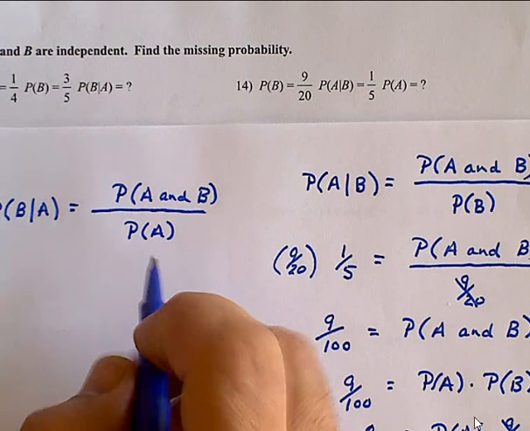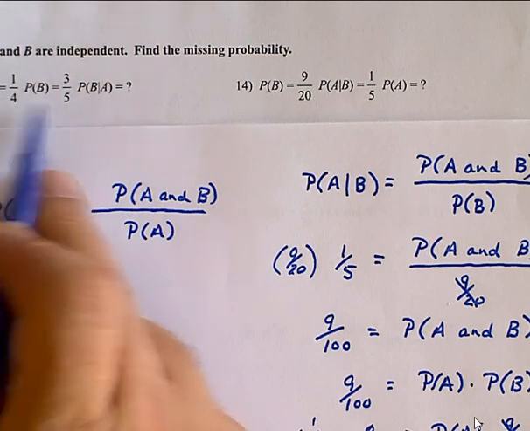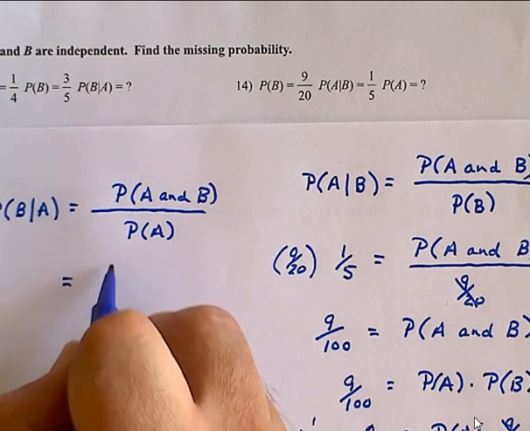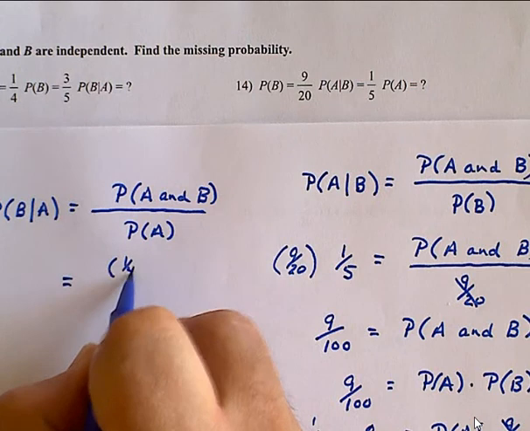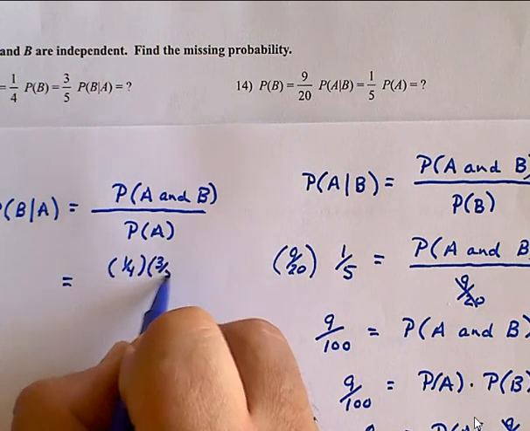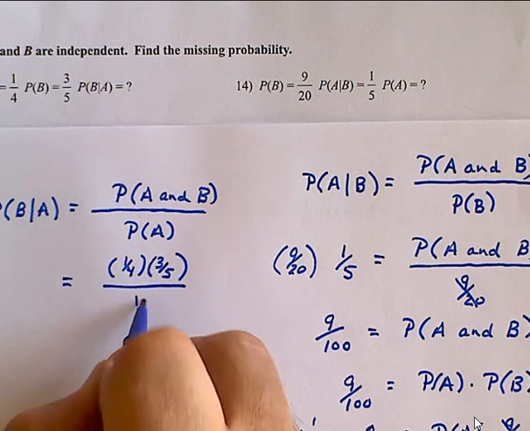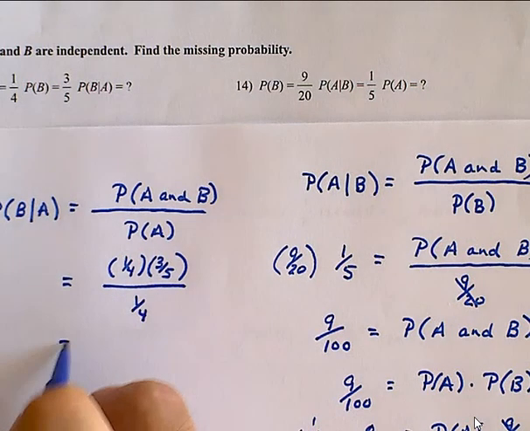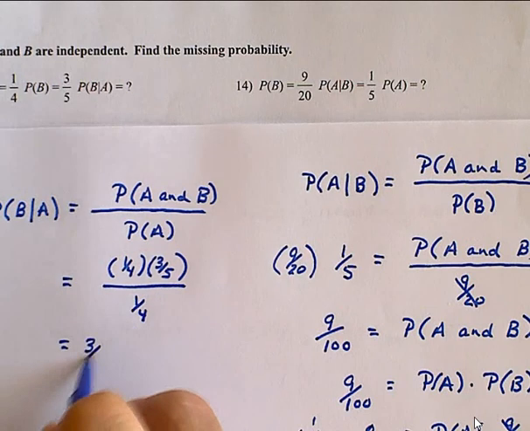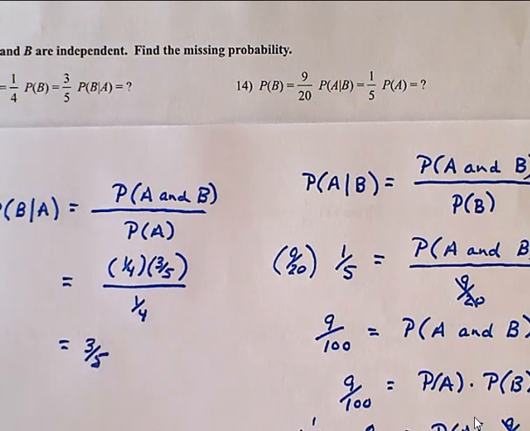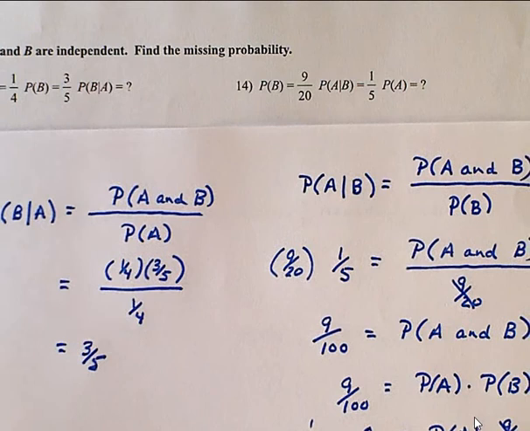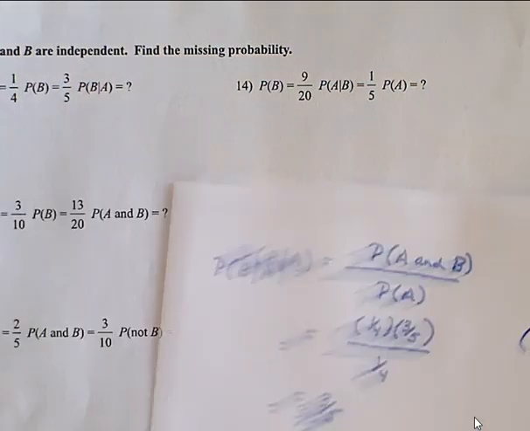So multiplying the two probabilities together, you get 1/4 times 3/5. Okay, dividing by the 1/4, and you're left with 3/5. Okay, so that's kind of how those are going to be worked with.